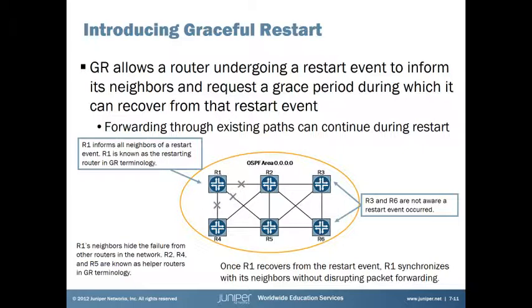And so what happens with the graceful restart is R1 notifies its neighbors, and this is something which is part of the OSPF protocol. It notifies its neighbors and says, hey, don't expect to see me for a while. I'll be out of here for a bit. And then it vanishes.